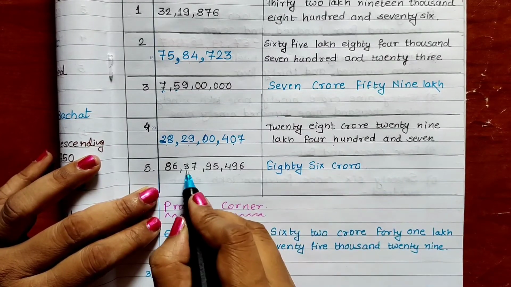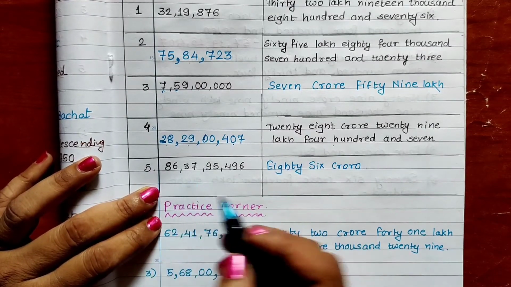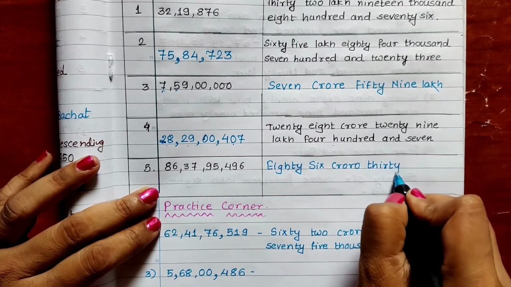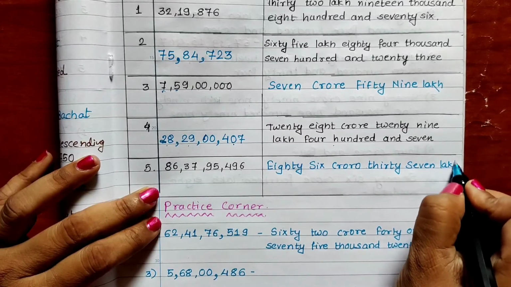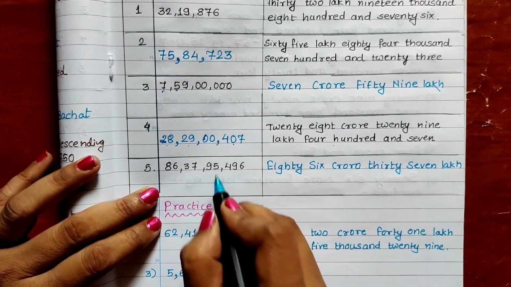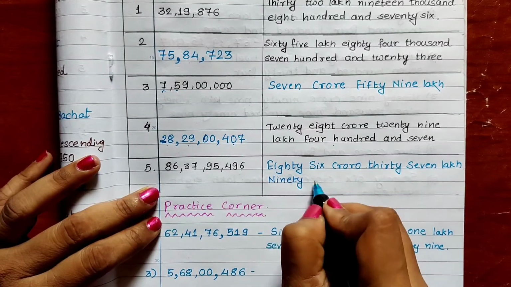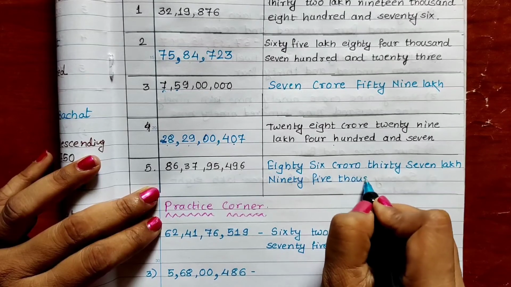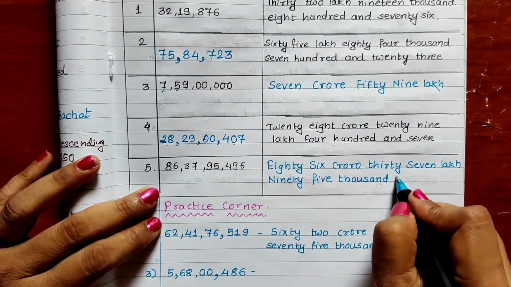Then after that 3 and 7 are at lakh and 10 lakh place, so we make their pair and we write 37 lakh. Then 95,000.